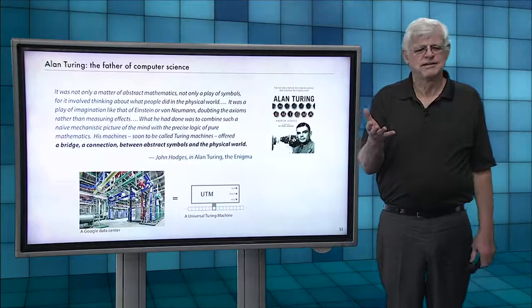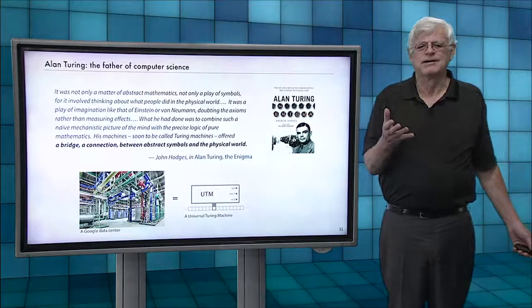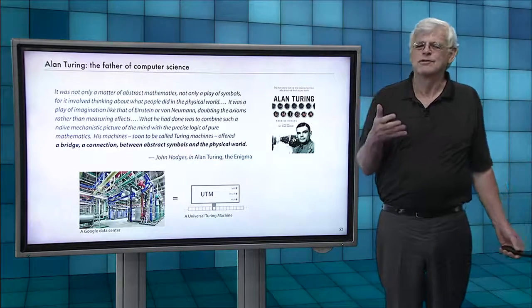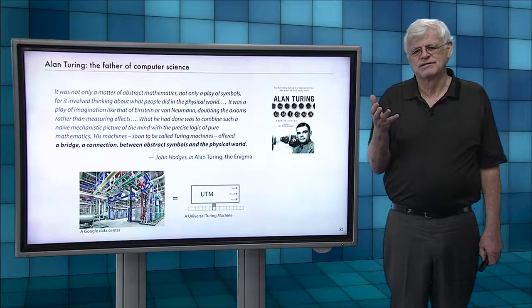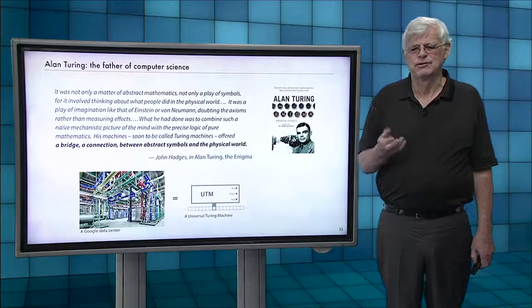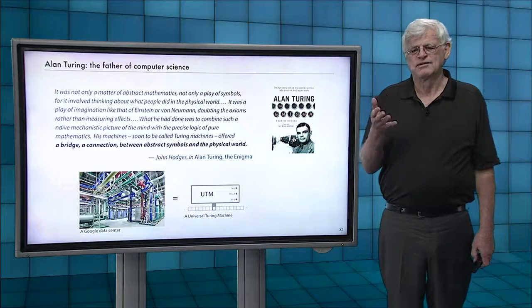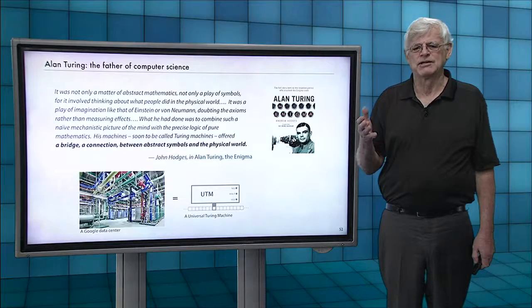Turing showed that the biggest Google data center in terms of power, in terms of problems it can solve, is no different than the simple model of his universal Turing machine. Quite a stunning result with long-lasting implications.